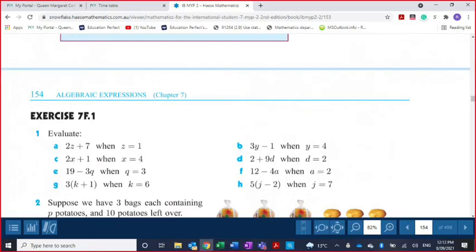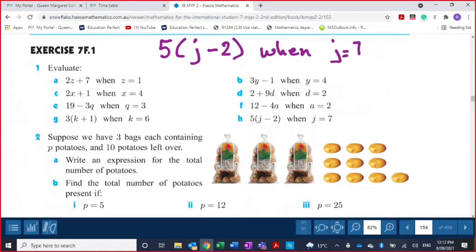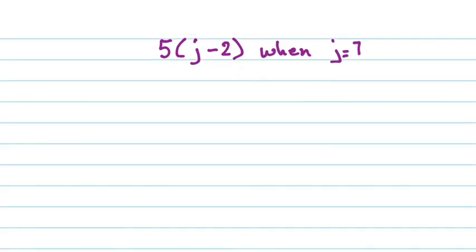Okay. Let's look at another. Here we go. Here's an example when they have more than one, where you're going to end up with more than one bracket. But 5 times j minus 2 when j equals 7. Again, just move to notebook paper to make it easier to see.